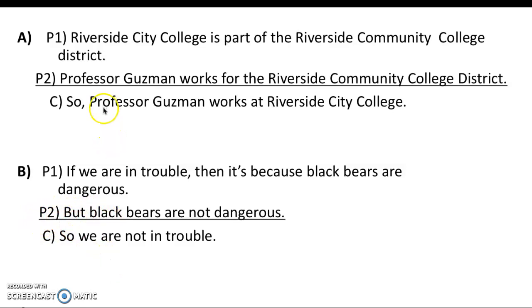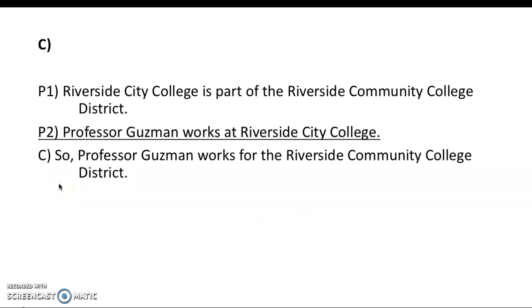So both of these arguments are defective in some sense, even though argument B is valid, and even though argument A has all true information. So what we want is arguments that are both valid and have all true information. Consider argument C. Argument C is a sound argument because not only is it valid, in other words, the premises guarantee the truth of the conclusion, but in addition to that, all of the premises are in fact true.